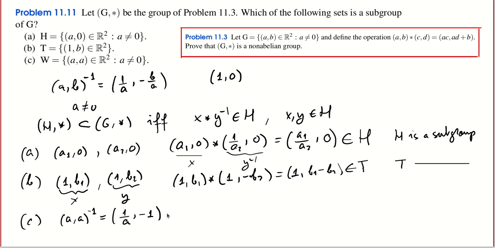But this does not belong to W unless a is equal to negative 1. So only for one choice of a, this belongs to W. So in general, for any arbitrary a, this is not in W. Therefore, this element does not have the inverse in W, and therefore W is not a subgroup. It does not have the structure of a group.